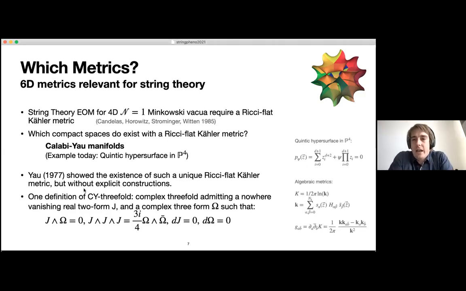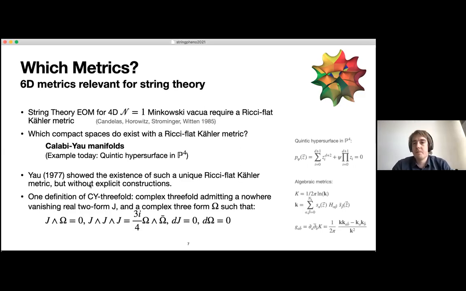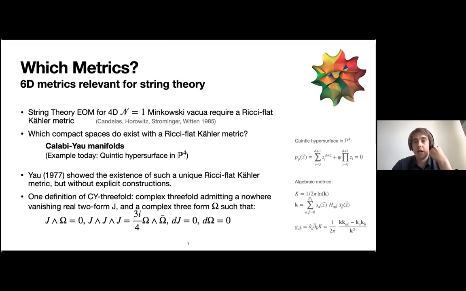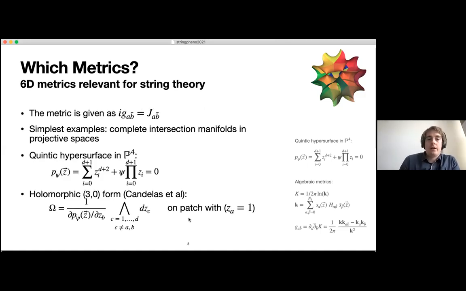However, this comes with no explicit construction. Although we know about the existence of these and we can construct these spaces, we don't know the explicit forms of those, and obviously that's what we are after.